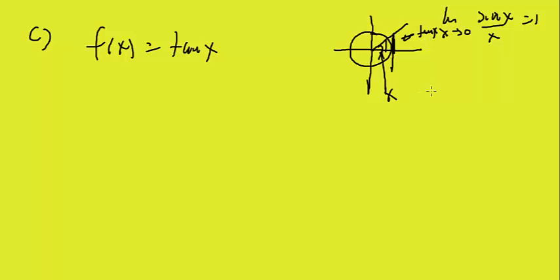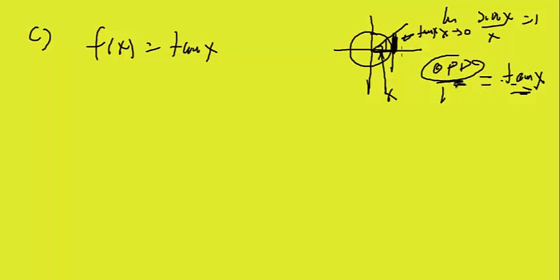Let me tell you why. This is 1 because that's the unit circle. That's my angle x. This is the opposite side. So opposite over 1, which is adjacent, is the same thing as tangent of x. So the opposite side turns out to be tangent of x.